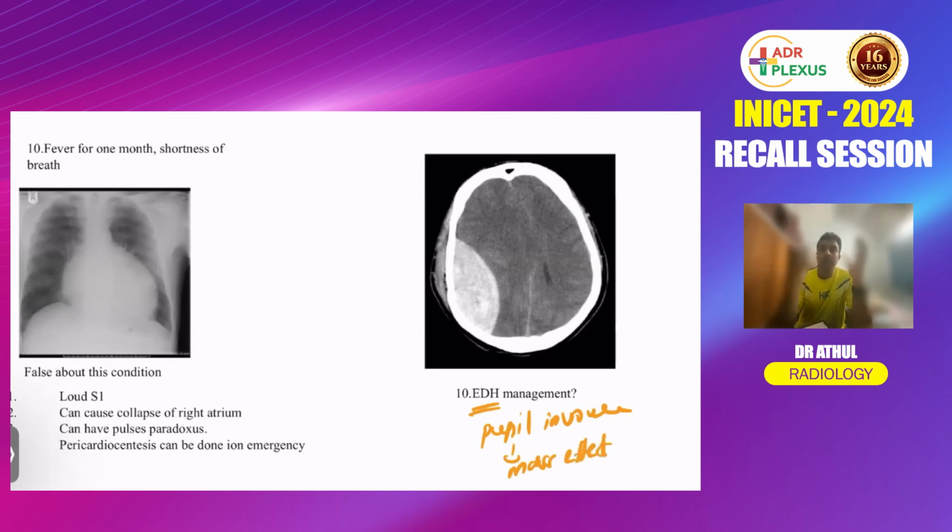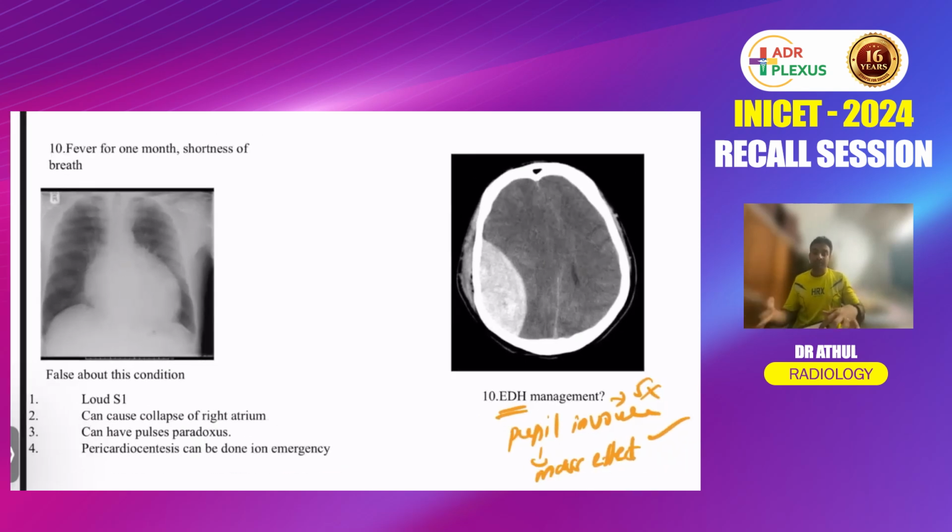So when you are seeing an extradural hemorrhage with mass effect causing pupil involvement or any other neurological impairment like this, you have to operate. You have to evacuate the hematoma. So what we have to do is go for craniotomy and evacuation of the hematoma. So that was the answer for the question.